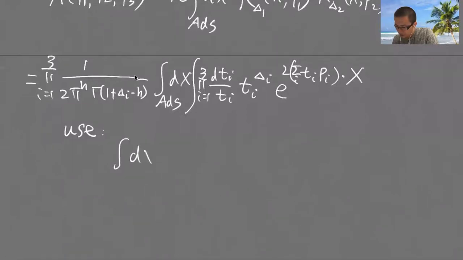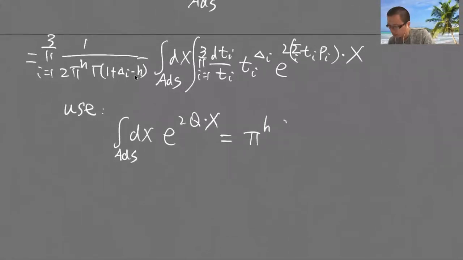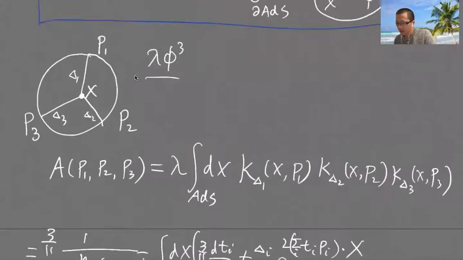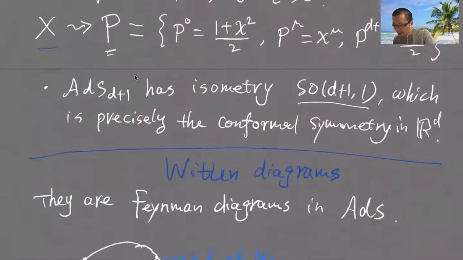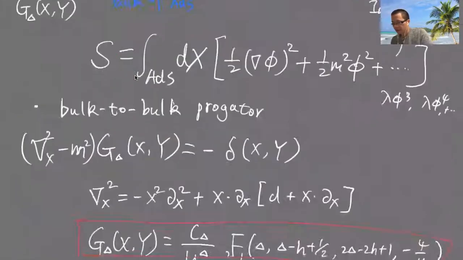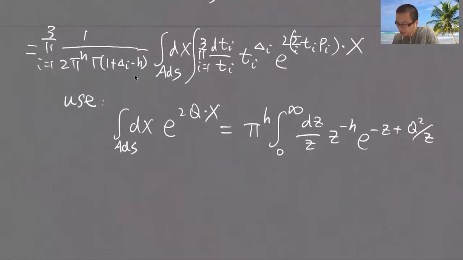If I integrate over AdS space an object like e^{2 Q·X}, where Q is basically this guy, the result is given by π^h as usual, times the integral dz over z, z^{-h} e^{-z + Q²/z}, where z, remember, is the parametrization of this AdS space. So it appears here.